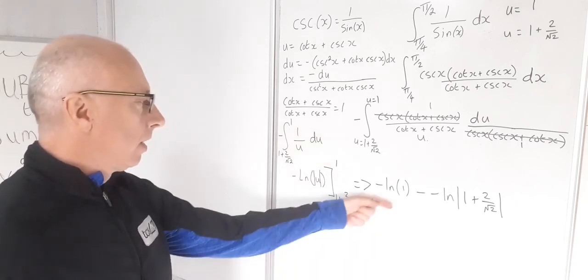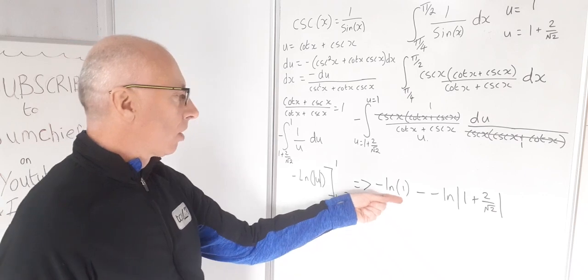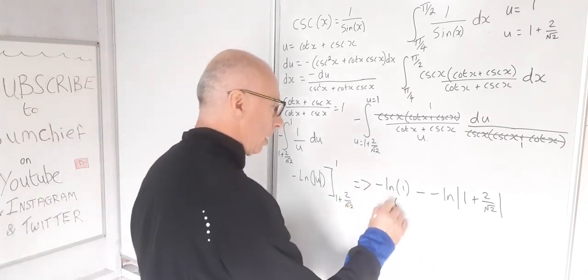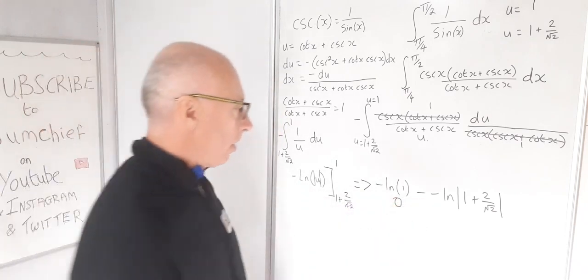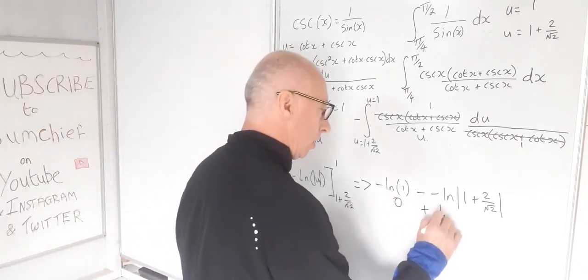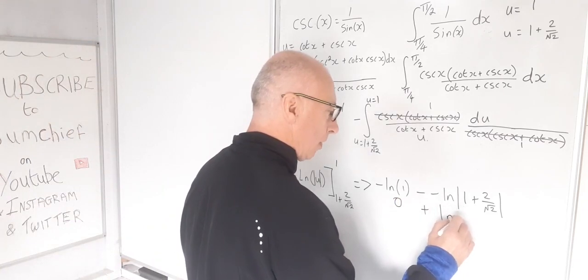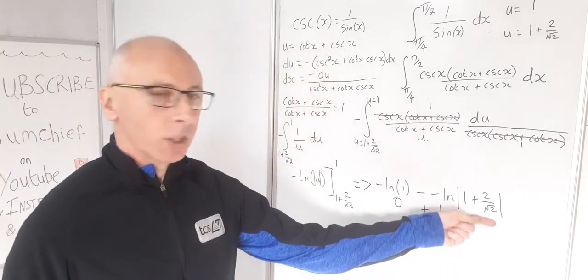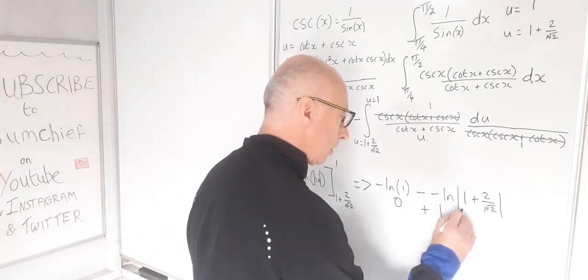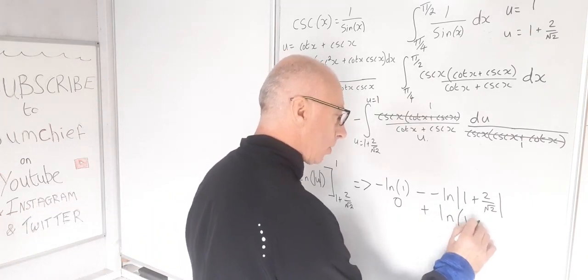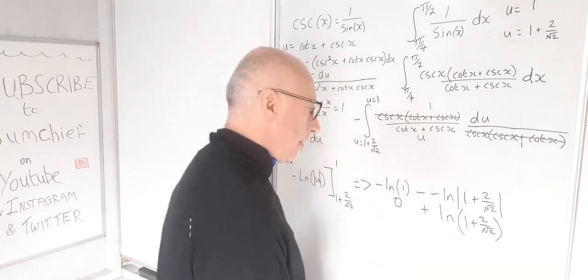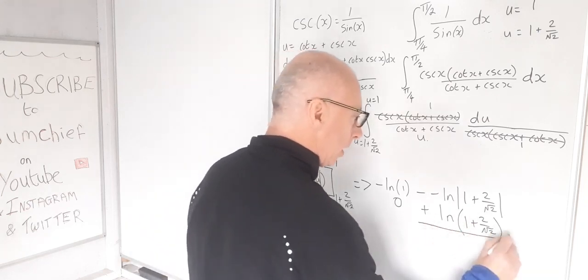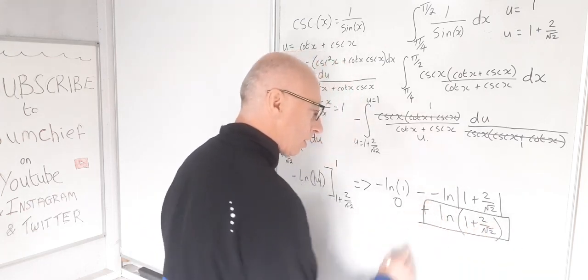Okay, so now what have we got? Natural log of 1, we know this is a 0. And then 2 negatives, obviously we know that is a plus. And then we've got natural log of the absolute value. Well, we know this is going to be positive, so I can now go back to standard brackets. 1 plus 2 over root 2. That is going to be our answer to this integral.